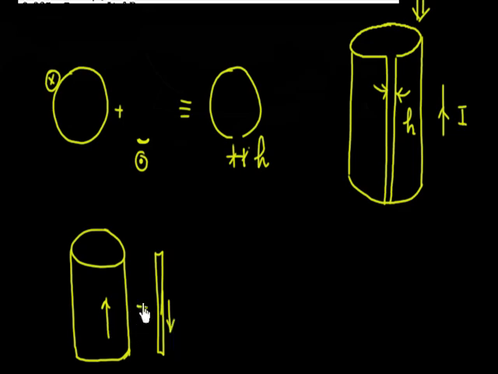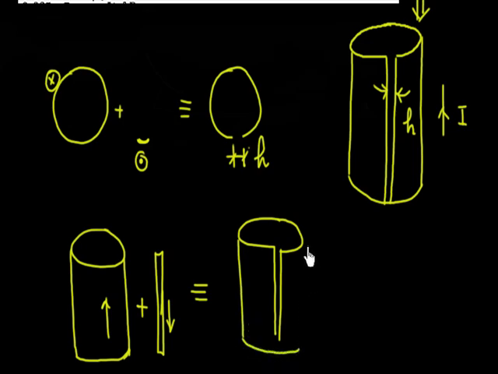Now if you add these two systems, it will be an equivalent system something like this. There is no current in this region because plus and minus get added, and then you will have a cylinder. Are you getting or not?